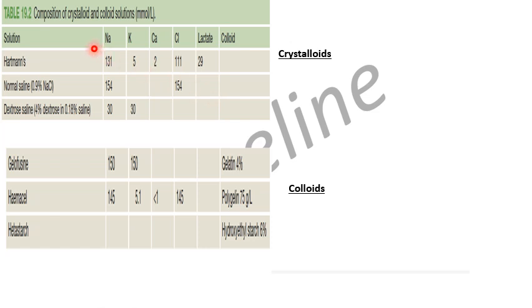If you find a solution having too many electrolytes, too many things, it is Hartmann's. Especially when you find lactate, 100% it has to be Hartmann's solution or Ringer's lactate. And if you find potassium and calcium, all the more you have narrowed it down. Whereas dextrose will also have some amount of potassium.